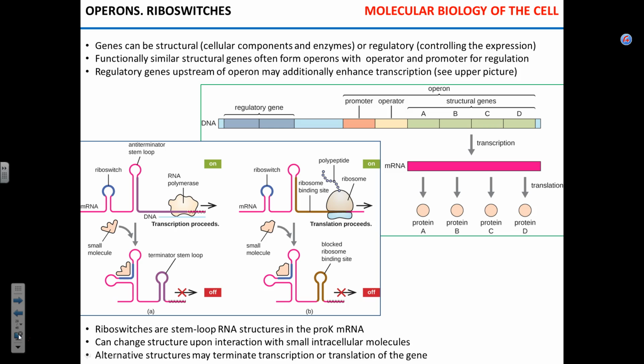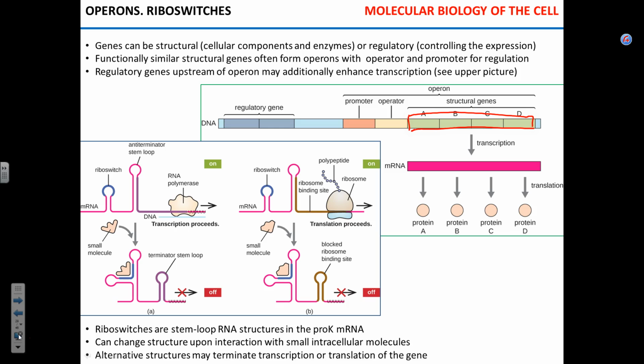An operon consists of so-called structural genes that actually encode proteins that perform a certain function. Function can be to produce a specific protein or to metabolize a sugar, right?